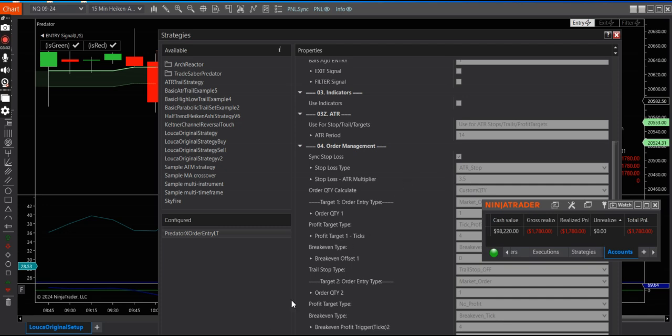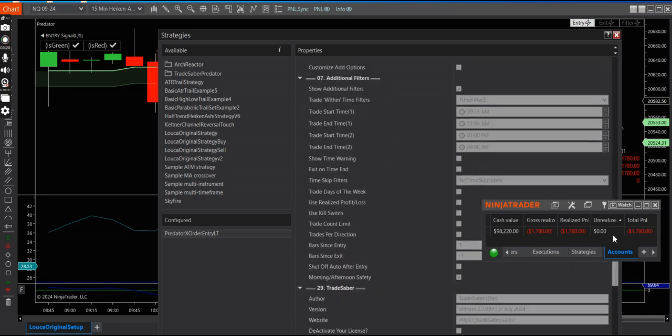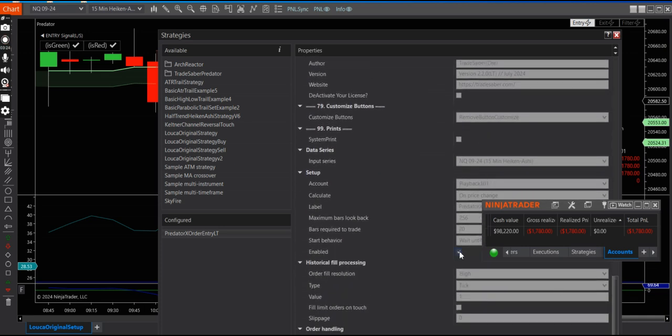I'm a member of a whole community of Discord groups. We all trade on the same platform, NinjaTrader, and we share strategies, indicators, ideas, and troubleshooting. It just works great if you're part of a community. It helps a lot.